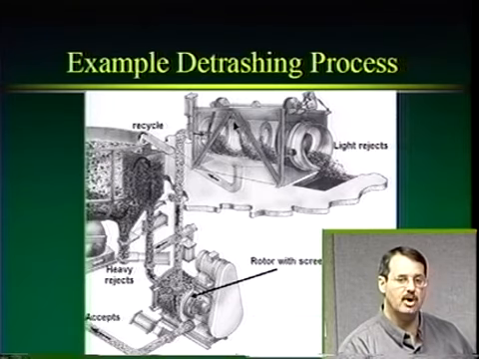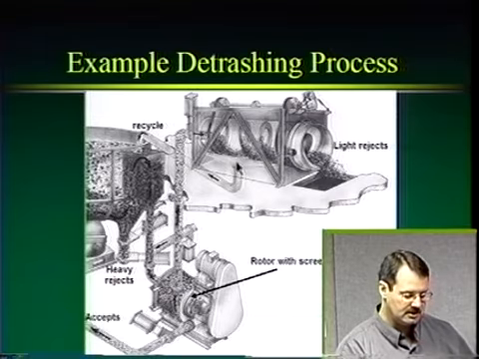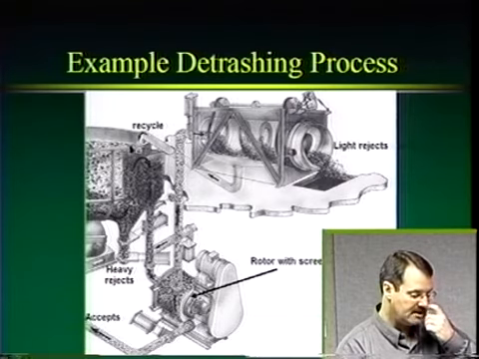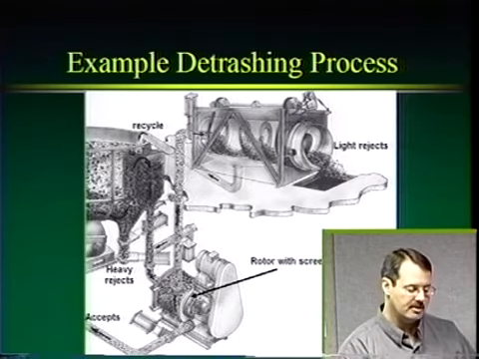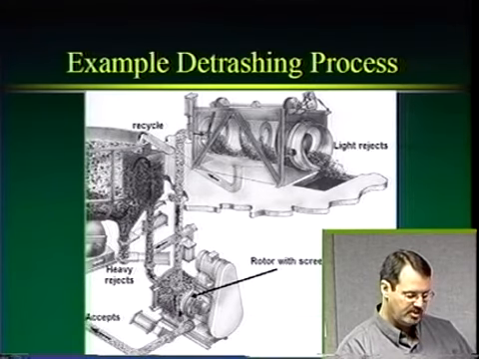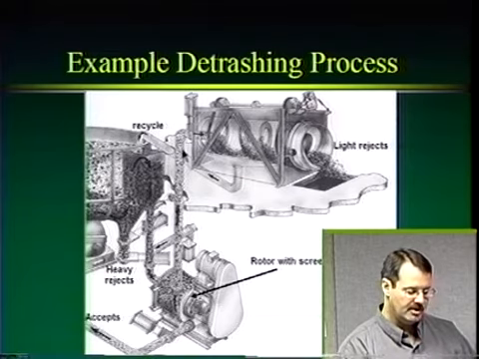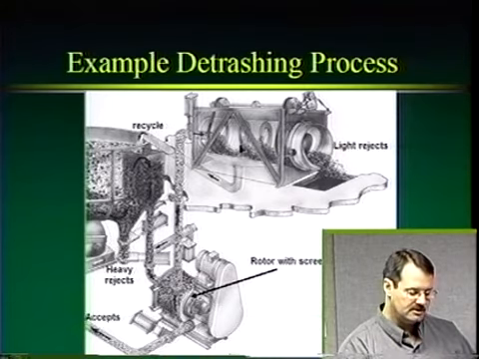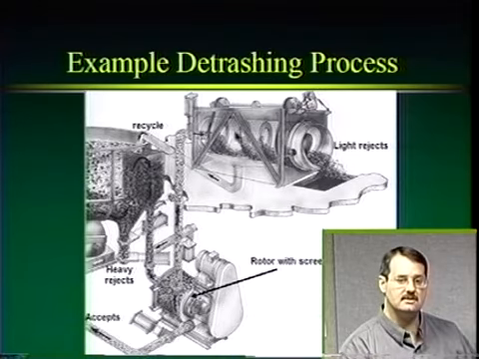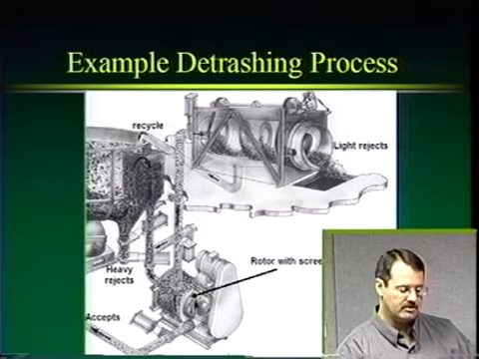So somewhat pulped material will go through the perforations in the cylinder. They'll go through this pipe and be sent back to our pulper. Because if you think about it, that material was too big to go through the openings in these screens, but was small enough to go through these openings in this drum right here. So they'll go back into the pulper, get pulped up a little bit more, and then maybe the next time they'll go through this screen.